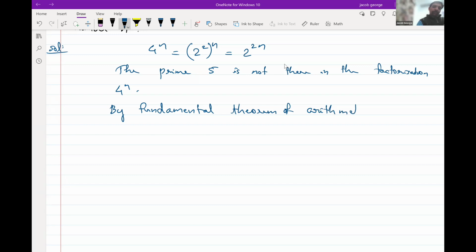By fundamental theorem of arithmetic, 4 raised to n is equal to 2 square, 2 raised to n is the unique factorization of 4 raised to n.